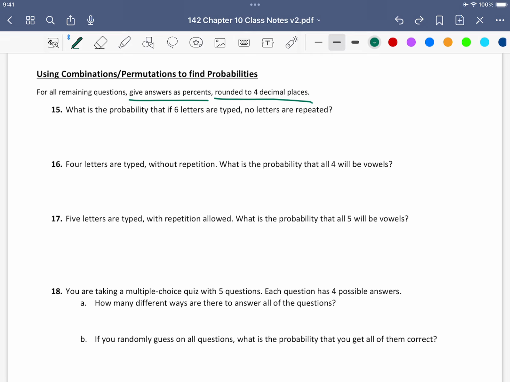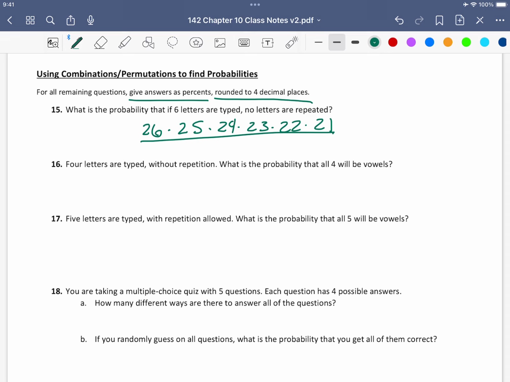So, what is the probability that if 6 letters are typed, none are repeated? That tells us we can't have the same letter more than one time. So we start with our regular alphabet, which is 26 letters: 26 to start with, and then 25, 24, 23, 22, and then 21.